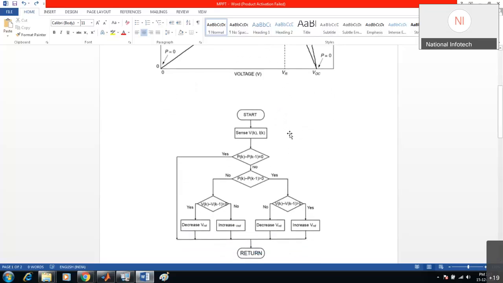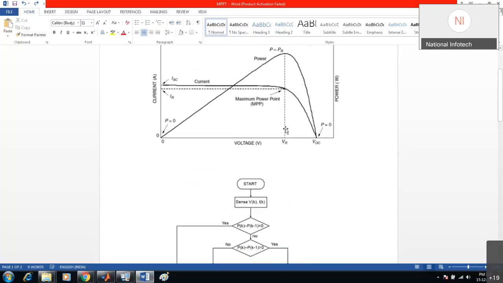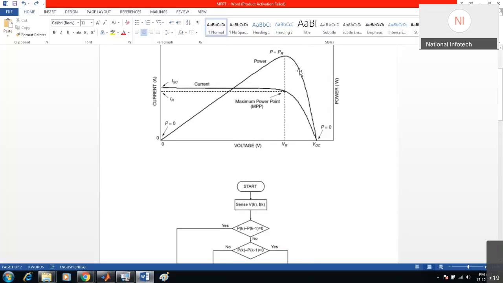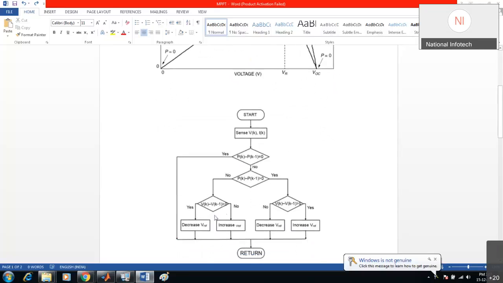Okay. The same way, after crossing this point, you will check that power is not available more, so it will check the voltage. So the voltage difference will be greater. You see here the voltage difference will be greater.